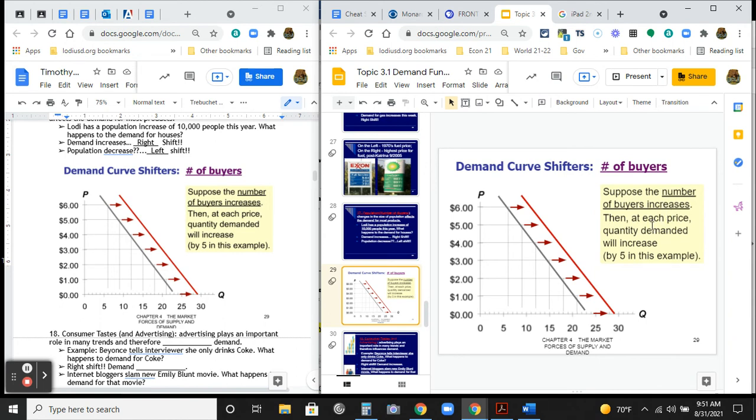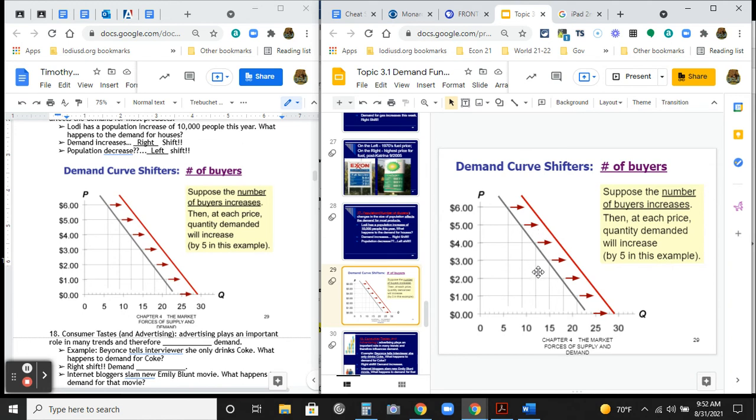Suppose the number of buyers increases. Okay, if the buyers increase, we're going to get more demand at higher prices. See how that works? So if we got more buyers, at $6 instead of five purchases being requested, you're going to have, say, 12. And at 5, you'll go from 10 to 17.